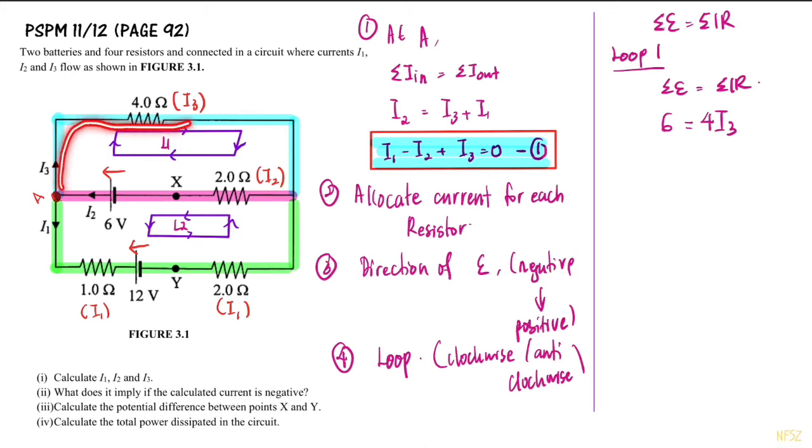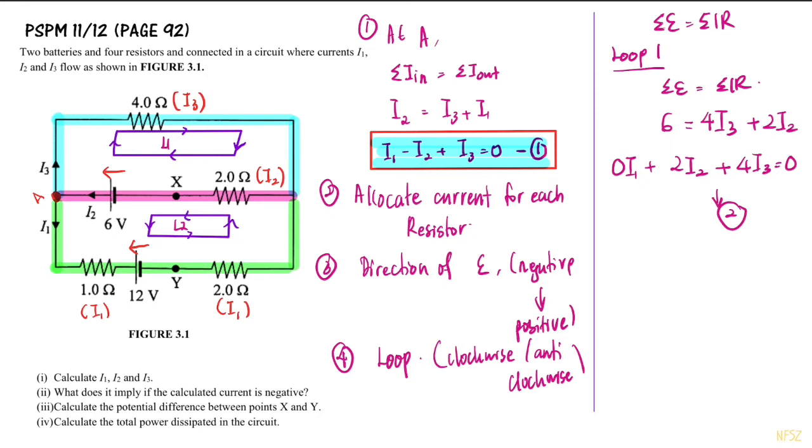Oh, ada 2 ohm. 2 ohm ni I2. I2 ni to the left, loop kita pun to the left. So sama. So dia adalah tambah 2I2. So kita arrangekan equation kita. Kalau tak ada I1, kosong I1, tambah 2I2 tambah 4I3 sama dengan kosong. So this will be our second equation.